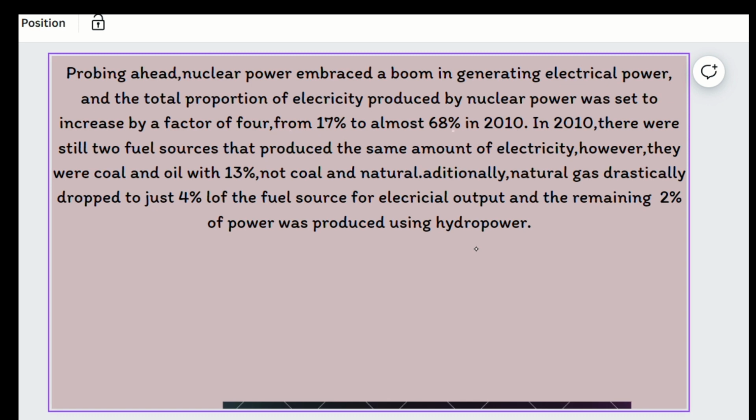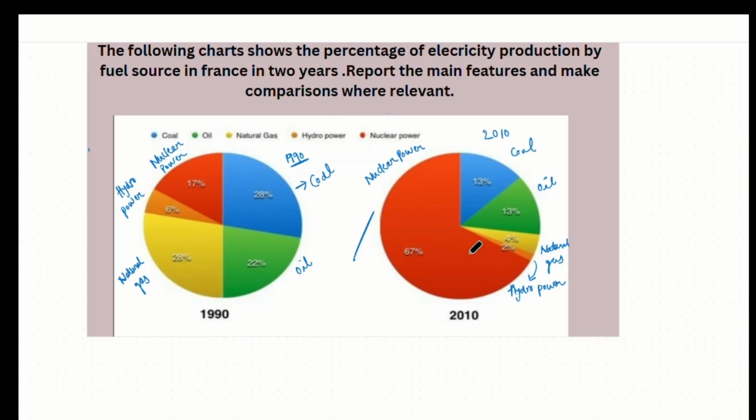From 17% to almost 68% in 2010. You already know that in 1990 nuclear power stood only at 17%, so in 2010 it stood at 67%. So obviously 17 multiplied by 4 is 68%.